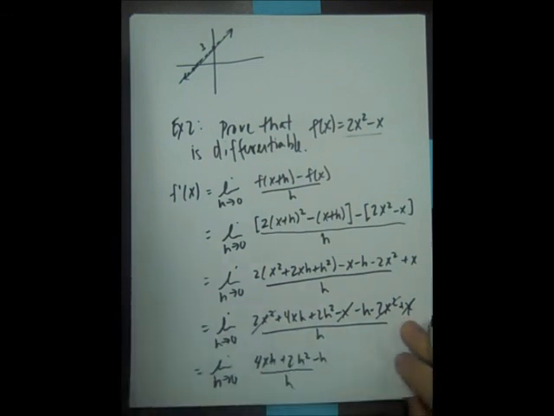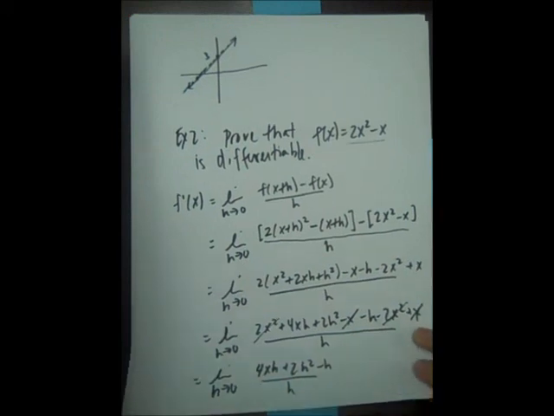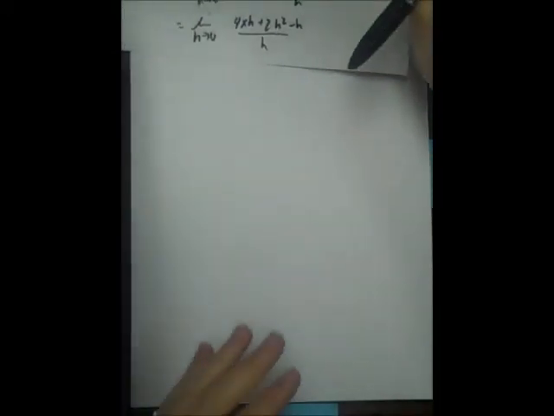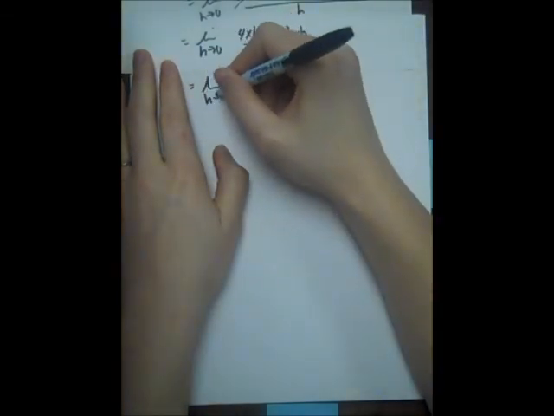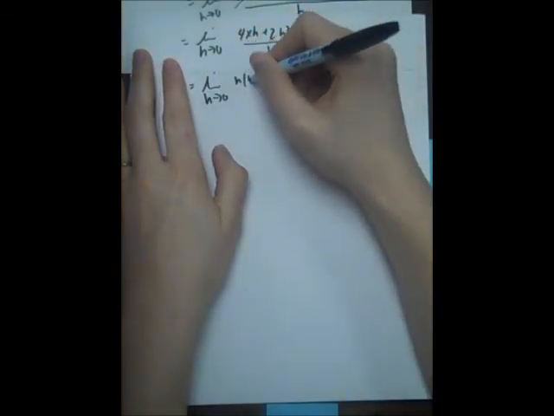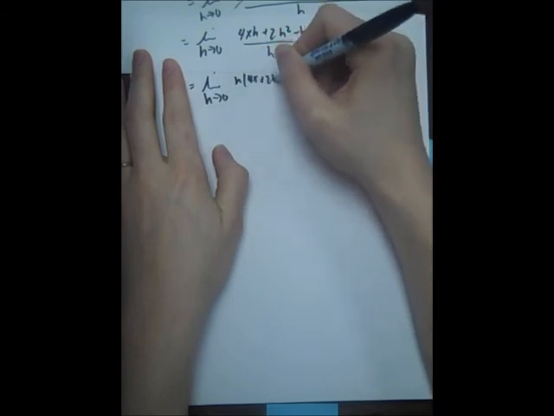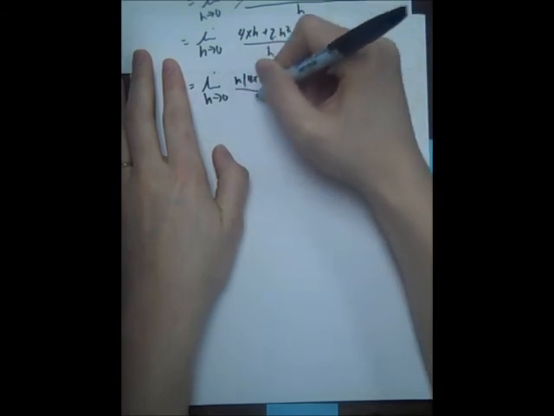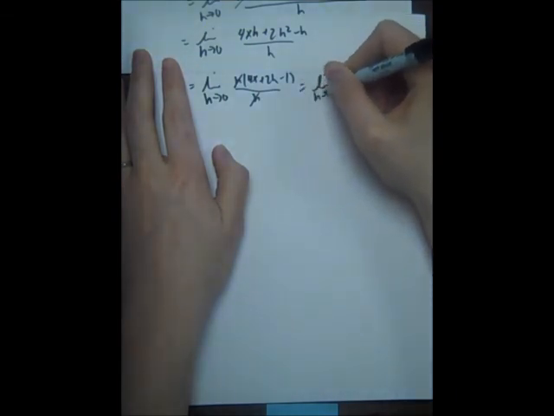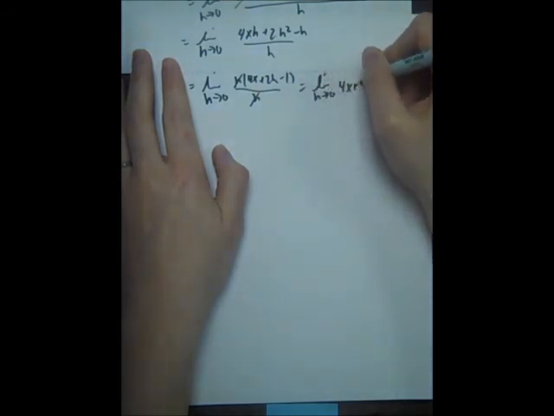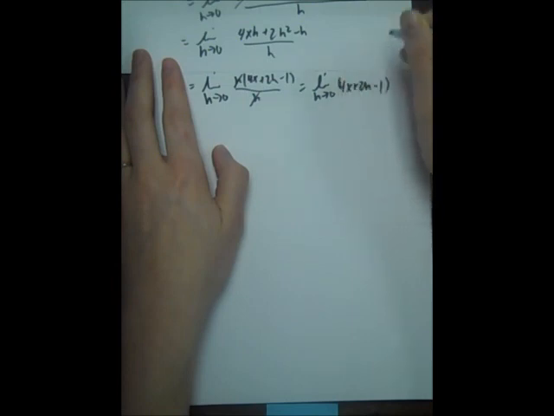Now what can I do with this? I can factor out an h from everything in the numerator. So what happens when I factor out an h from everything in the numerator? I'll get the limit as h approaches 0 of h times (4x plus 2h minus 1) all over h. My h's will cancel. So I get the limit as h approaches 0 of 4x plus 2h minus 1.